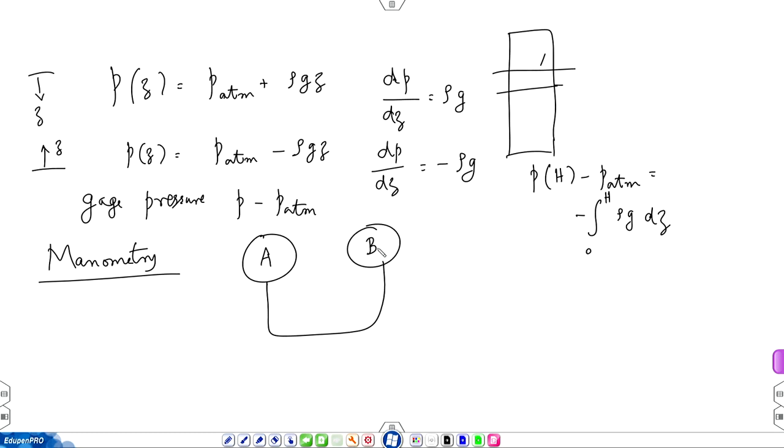Now, gas density is much smaller than liquid density. So, in some calculations, you might say, I neglect gas density. You will arrive at a point where it is rho liquid minus rho gas. You may approximate it as rho L, but if you do that approximation, show it. You have to write in your answer sheet rho L minus rho G is approximately rho L equal to whatever value.